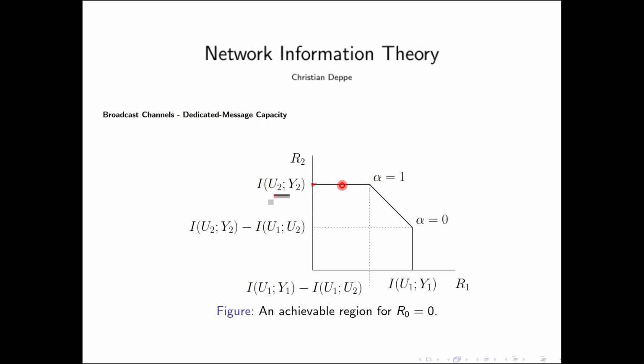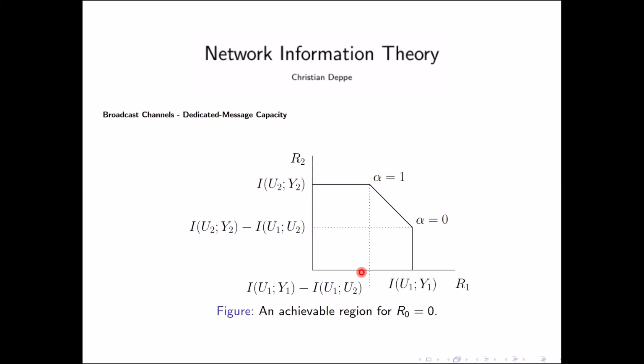So we reach this point where we have the full capacity of this marginal channel, and here the capacity to decoder 1 is reduced by the mutual information of U1 and U2. The same thing holds if alpha equals 0, it's the equivalent case, but we do it the other way around. But we want to concentrate now on the case alpha equal to 1.